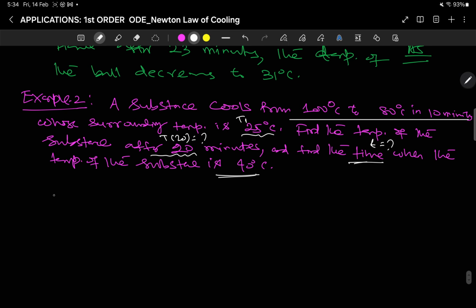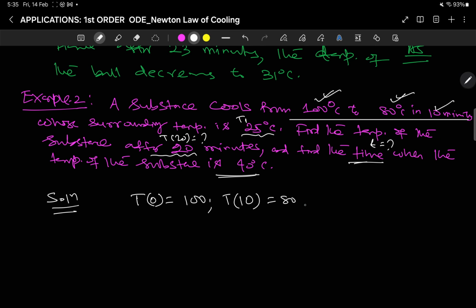Okay, if you analyze the problem, a substance cools from, meaning initially, T of 0, the initial temperature here is 100. After 10 minutes, T of 10, it decreased to 80 degrees centigrade. And the temperature of the surroundings is 25. And what are you asked?